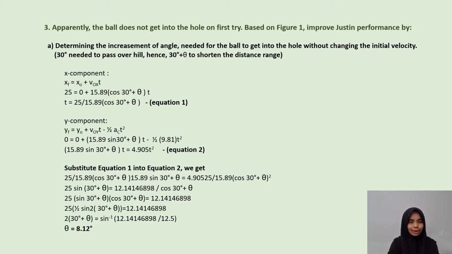First, we need to calculate the x component by using this formula. We substitute 25 equal to 0 plus the velocity 15.89 from the previous slide, multiplied with cos of 30 plus theta, multiplied with t, and we get this equation as equation 1.